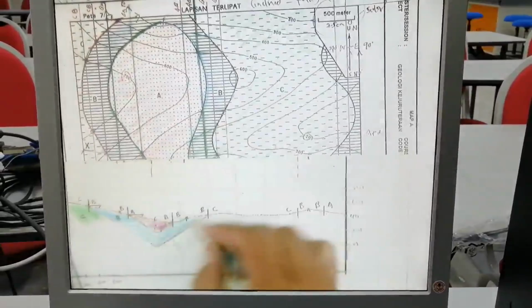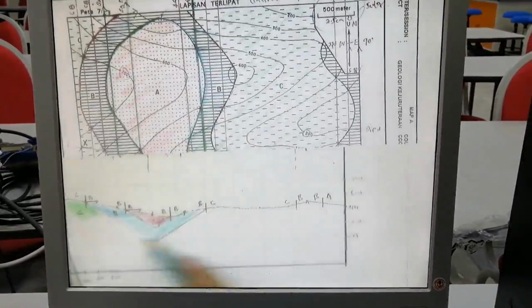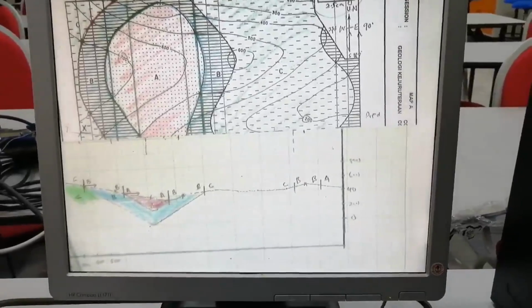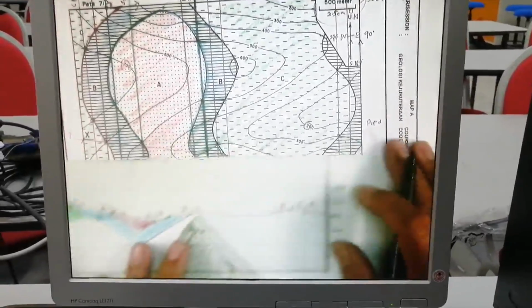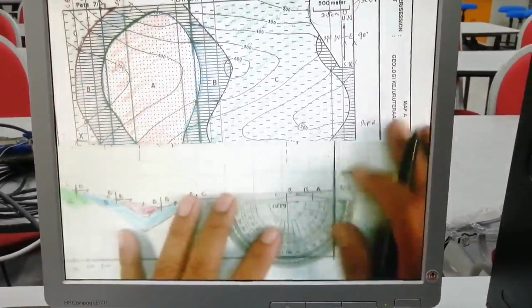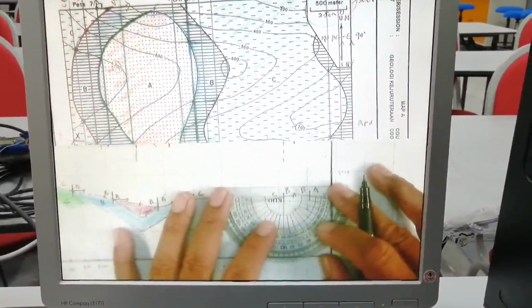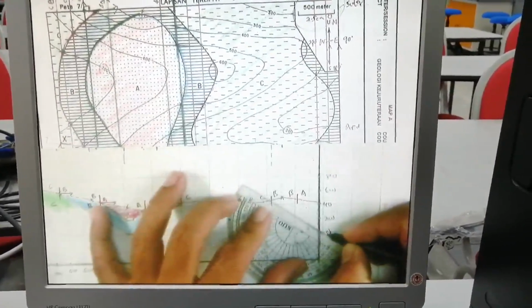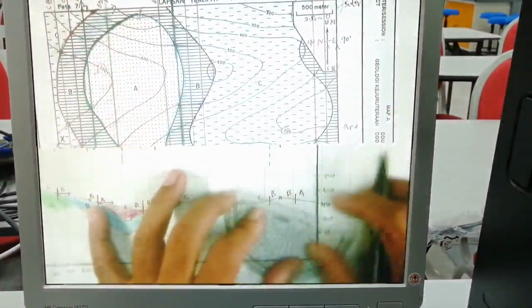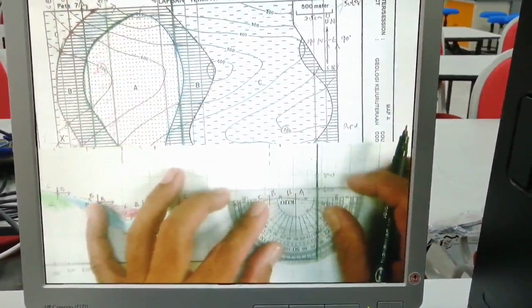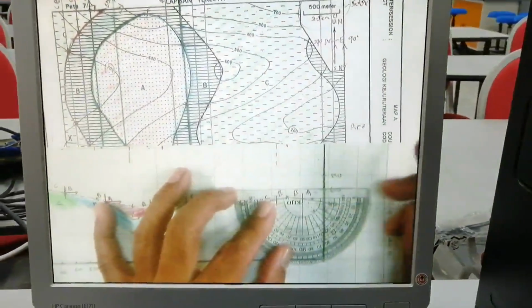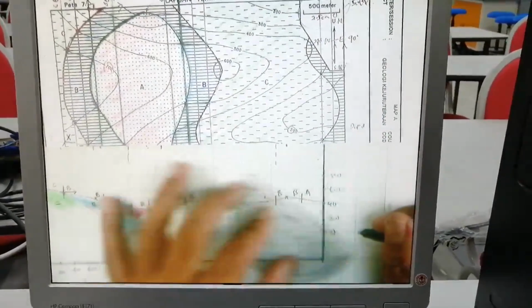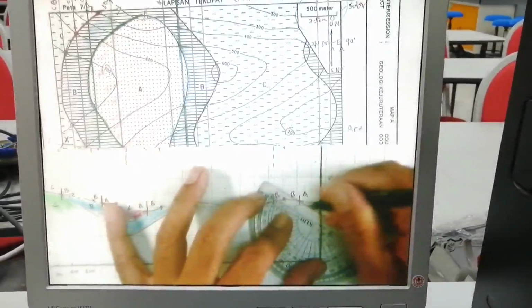So you know this shale and C, and then again you have to draw another line here, CB dipping 31 degrees to the east. Here, make it horizontal again, 30 degrees, and then draw this line. Then again here similar, 51 degrees, follow CB 51 degrees here, and then draw this line.